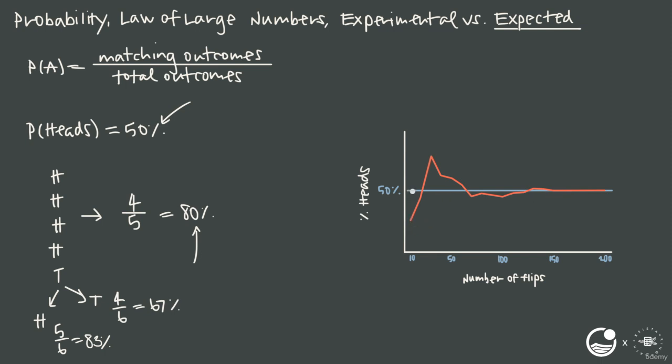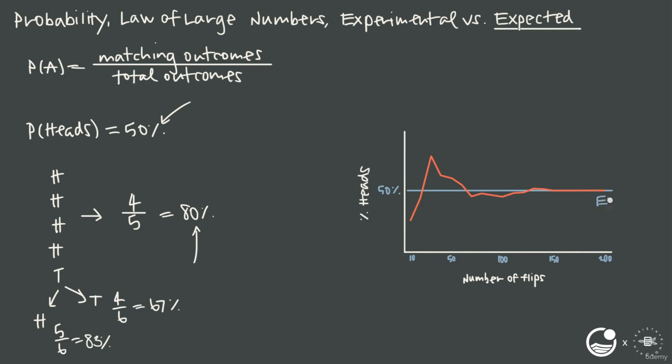But the concept is that eventually, as long as I flip the coin enough times, this data will revert to the mean. It'll pull closer and closer into this line. And even though it might wiggle around it, like we see the data here wiggling around this line, eventually it's going to converge to this 50% line, which is our expected probability.